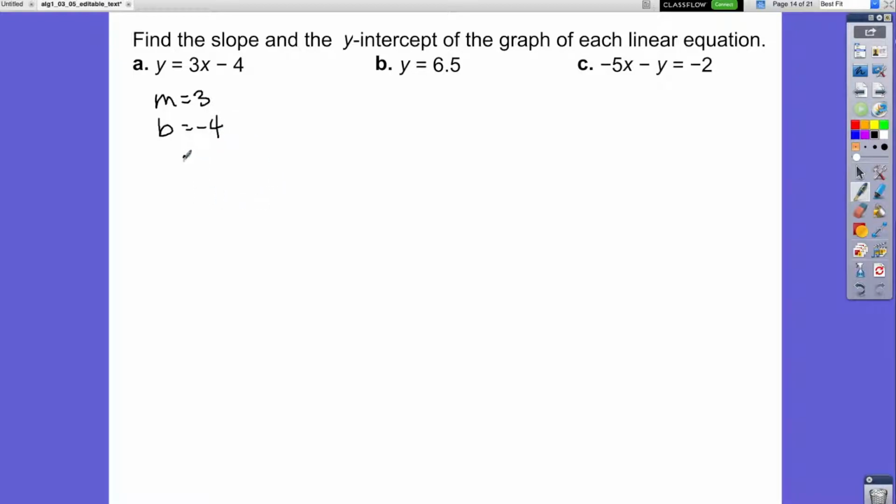If I were to graph this, just to do a quick graph, I always start with my b, -4. 1, 2, 3, 4. And then my slope is rise over run, so it's 3 over 1. From this point, that's my first point, I'm going to go up 3, 1, 2, 3, and to the right 1.